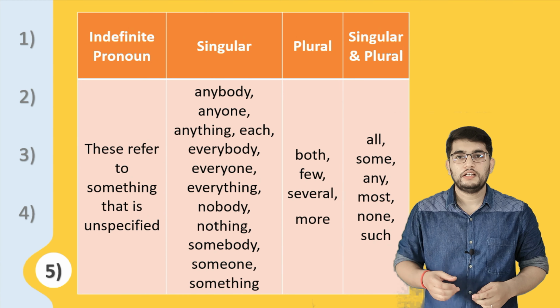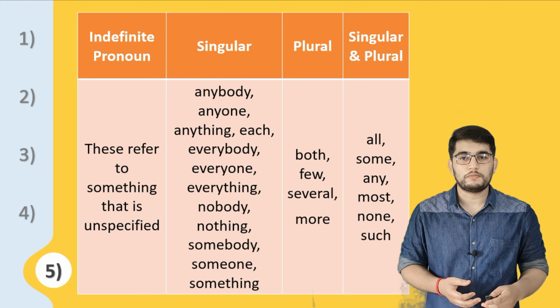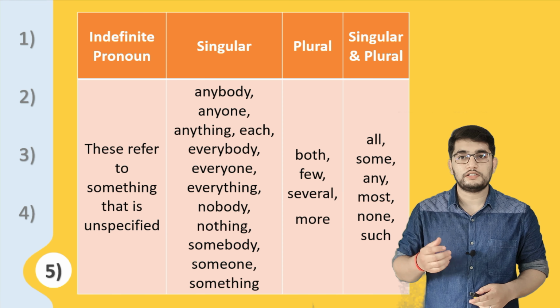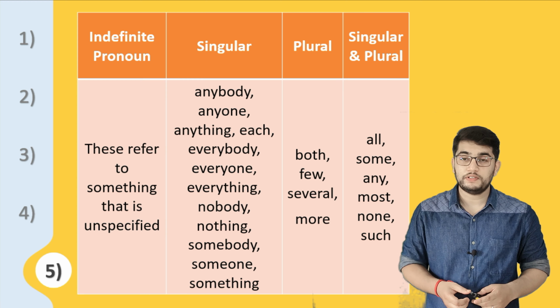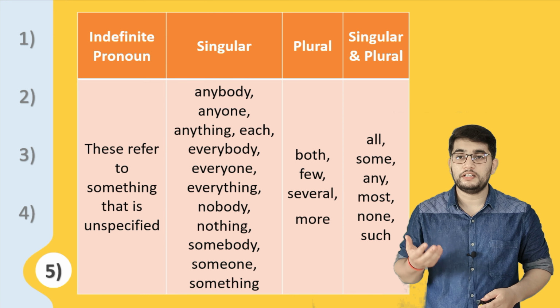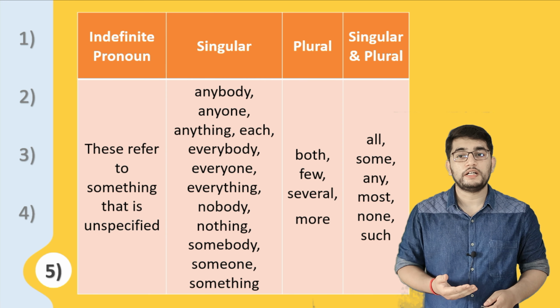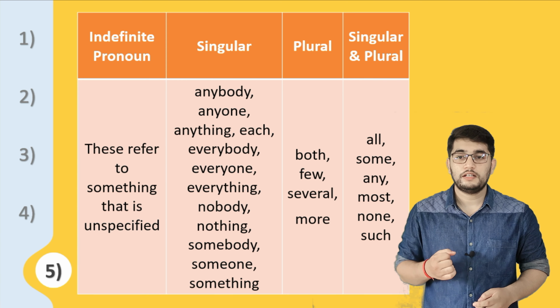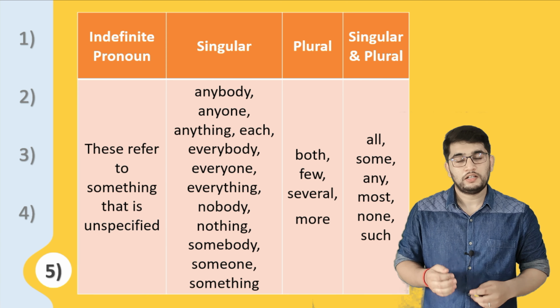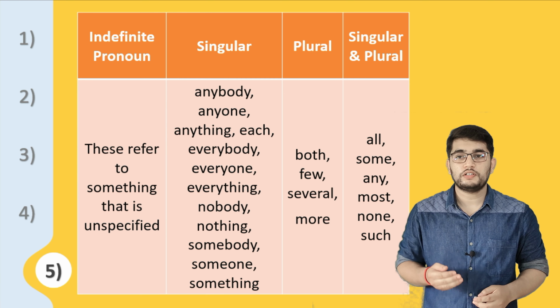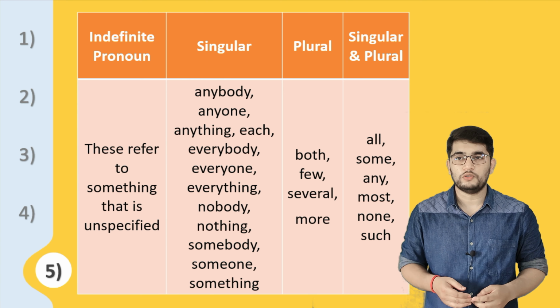Let's see the chart. Indefinite pronoun, these refer to something that is unspecified. Now in that singular will be anybody, anyone, anything, each, everybody, everyone, everything, nobody, nothing, somebody, someone and something. Now in plural form we can use both, few, several or more.